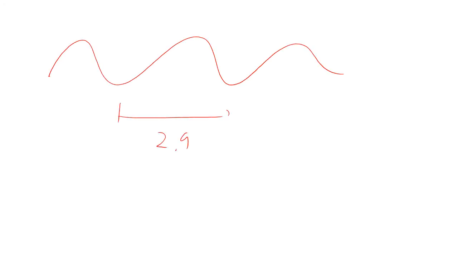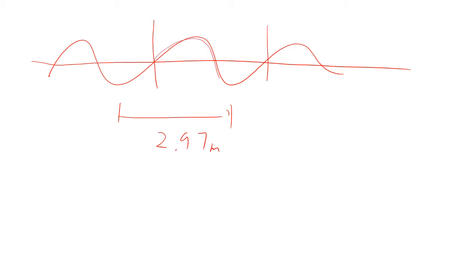So that means that radio station has a wavelength of 2.97 meters. Now, if you're trying to build an ideal antenna to pick up this radio station, one complete wavelength is that, but half a wavelength really has all the information that you need.